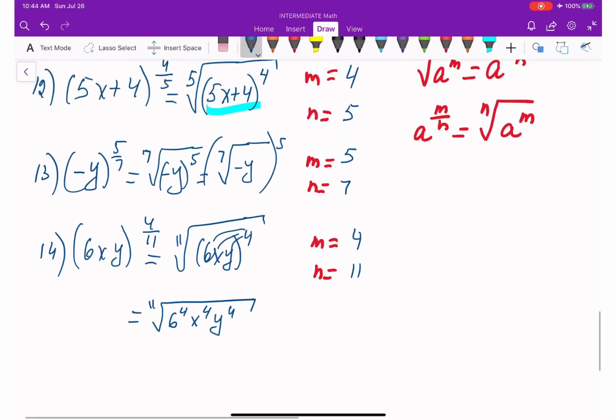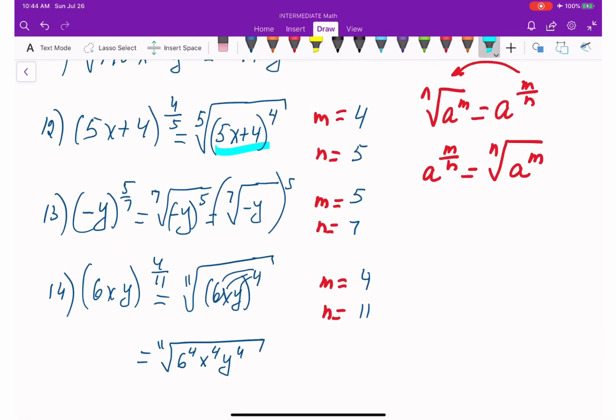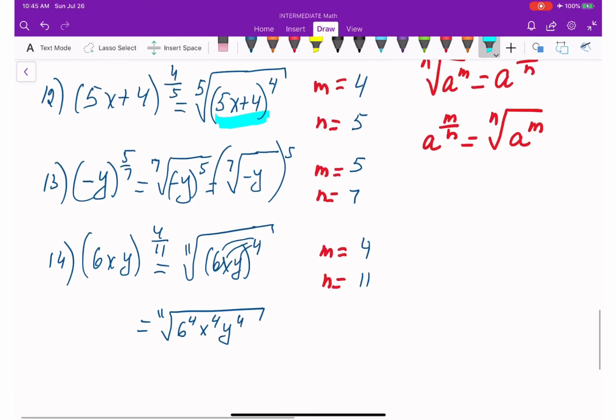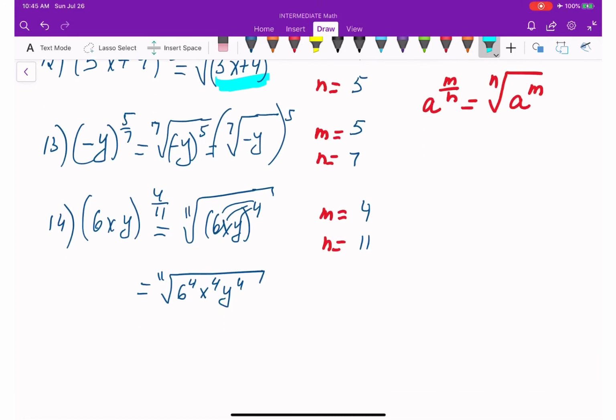And we are done. And here we could not distribute because it's one term. Real quick, how we separate terms? By addition. Okay? But here we have parentheses. That's why the whole thing is considered as one term. Now here we have 6 times x times y, which means 6 to 4, x to 4, y to 4. Next one.